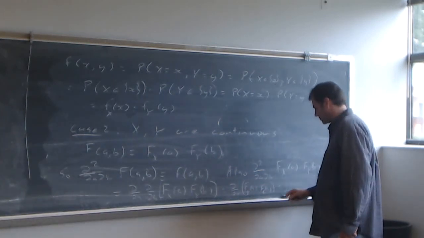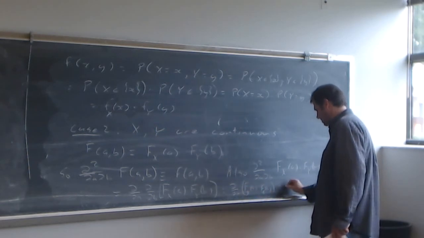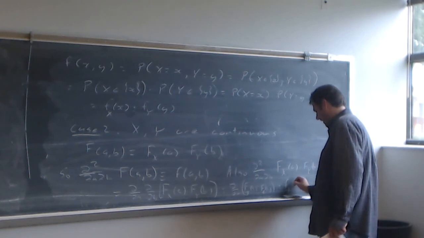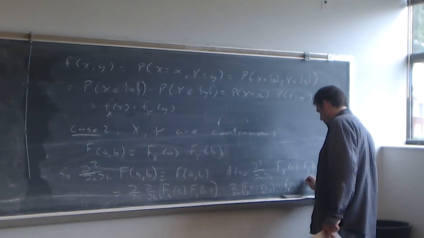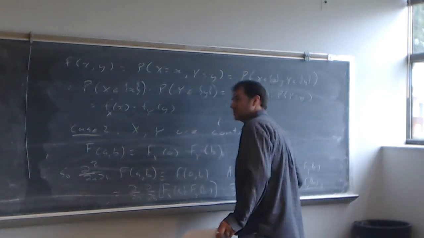So when you take the partial with respect to a, you just get the partial with respect to a of the CDF of X, which is nothing more than the PDF of X, and so we get the desired result. So now we've got to go the other direction. We're almost done.